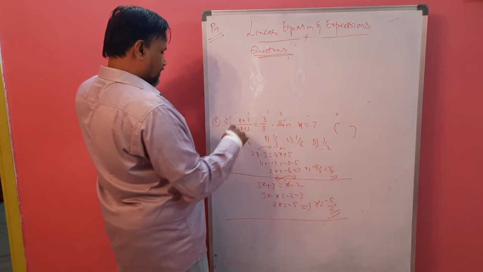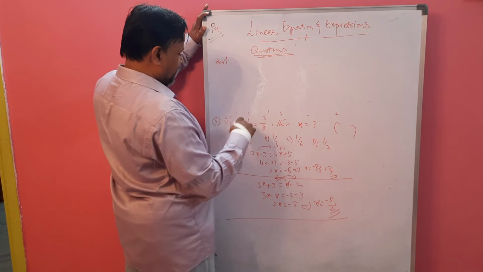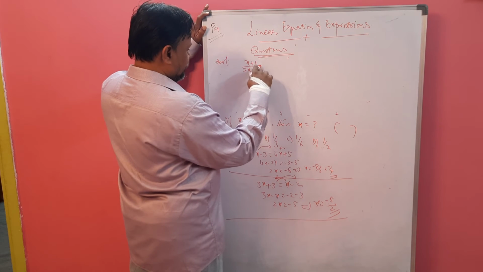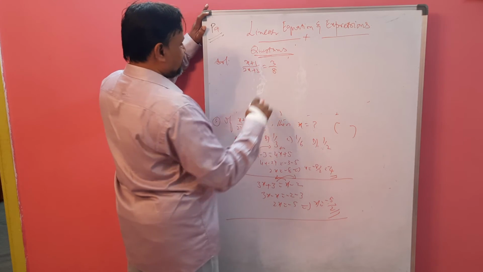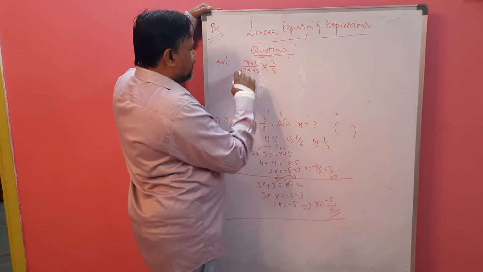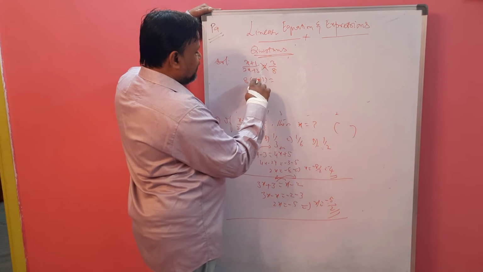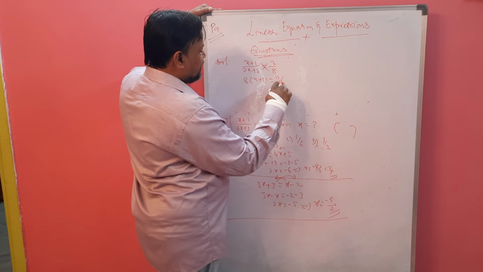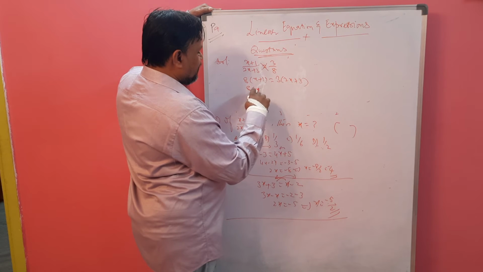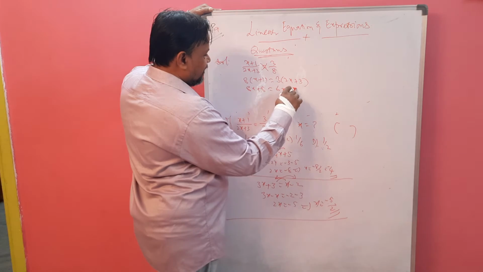Now this one is something different here, but you have to simplify it with your algebraic methods. Don't worry about this. This is in a fraction form. So cross multiply it, and you will get the equation 8 times x plus 1 equal to 3 times 2x plus 3. Now making 8x plus 8 equal to 2 3s are 6x, 3 3s are 9.